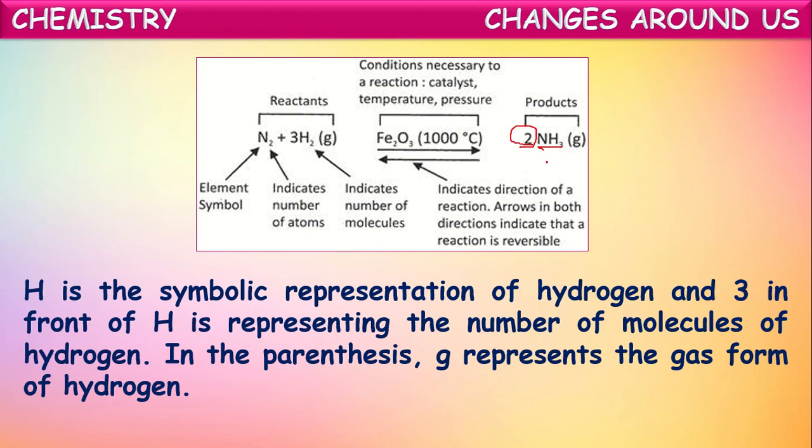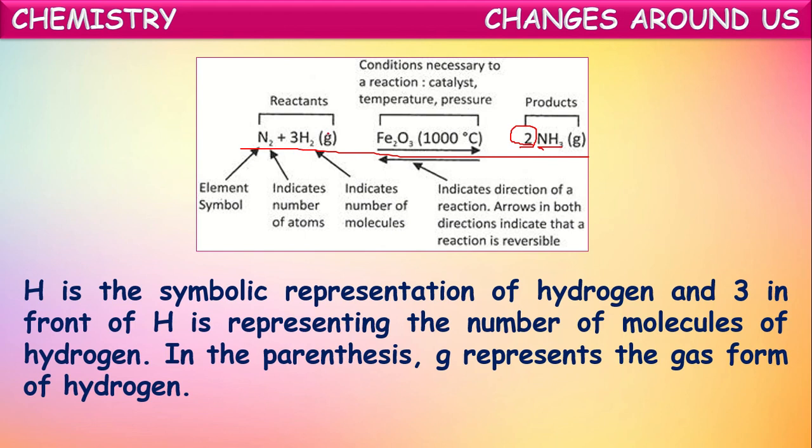This 2 represents 2 molecules of ammonia. So overall we can say in this equation, 1 molecule of nitrogen combines with 3 molecules of hydrogen to form 2 molecules of ammonia.